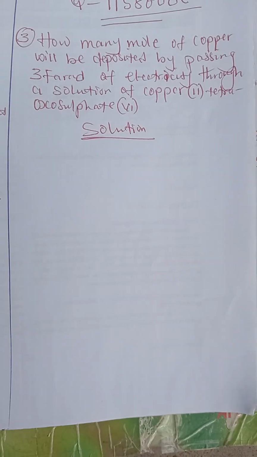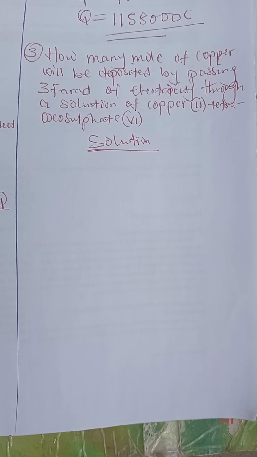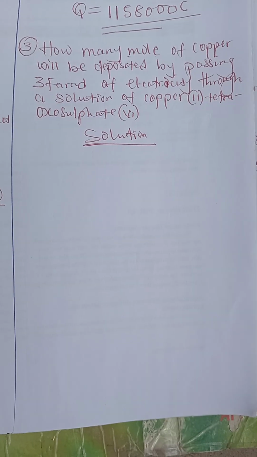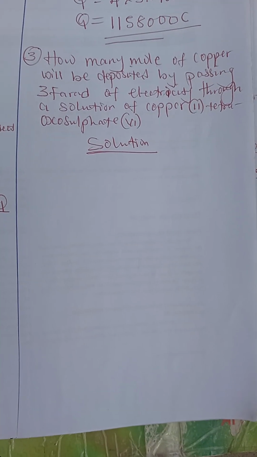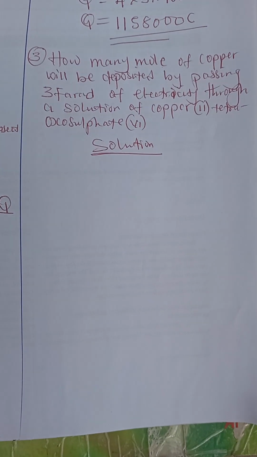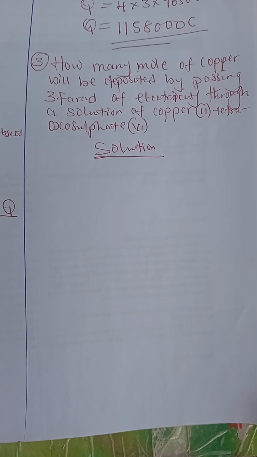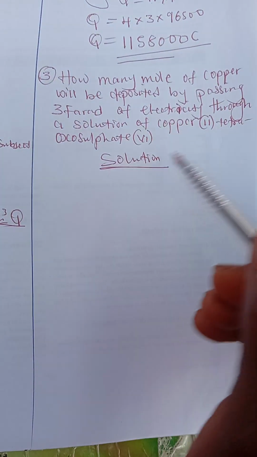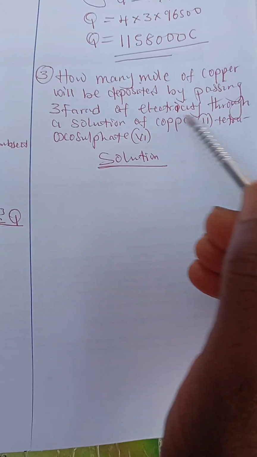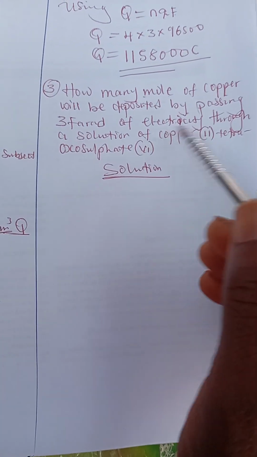Now that is it. This is another question. It says how many moles of copper will be deposited by passing 3 farad of electricity through a solution of copper 2 tetraoxosulfate 6. As I told you earlier, anytime you hear a compound like this, we only consider the element as a substance.